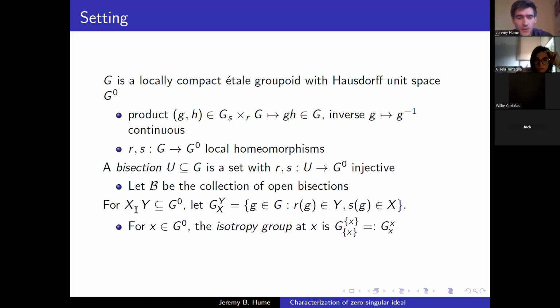For two subsets of the unit space, X and Y, we let G^Y_X be the collection of groupoid elements for which the range is in Y and the source is in X. When we're just talking about a singleton X, we denote the same set by G^X_X, and that's actually a group under the groupoid operations, called the isotropy group at X.